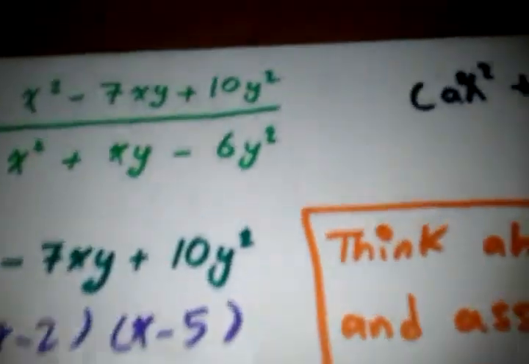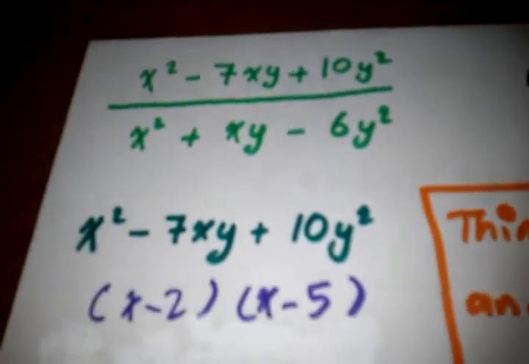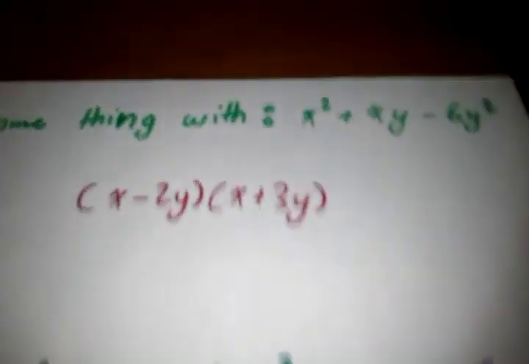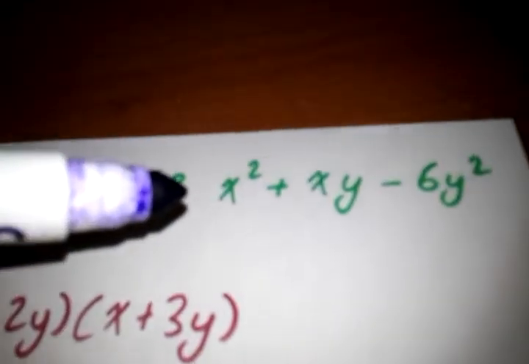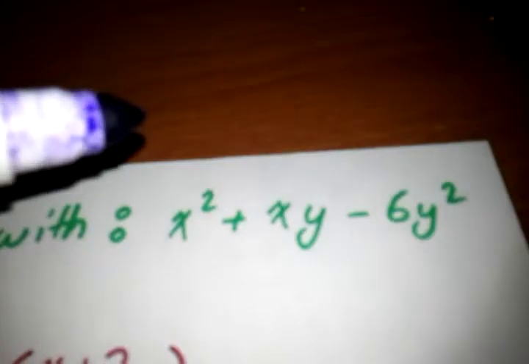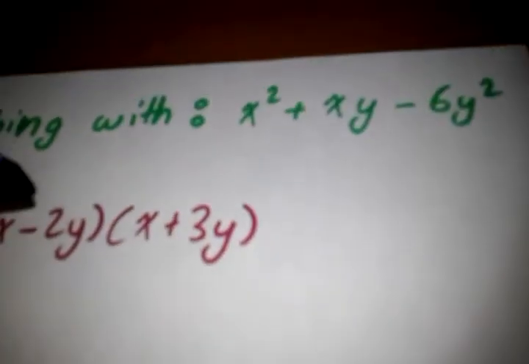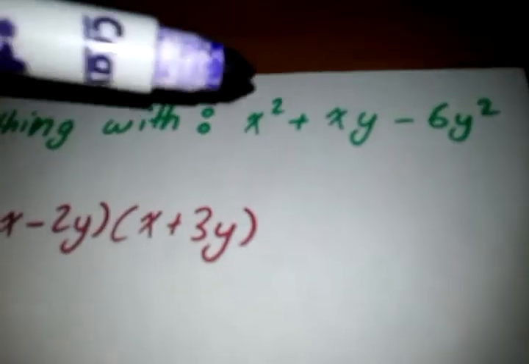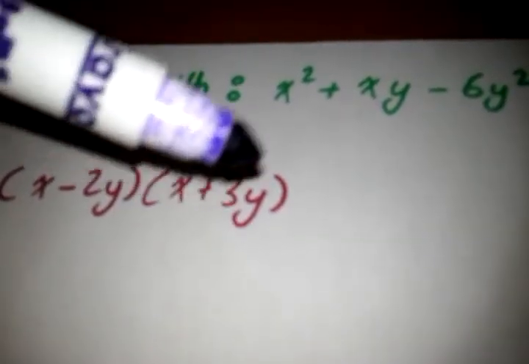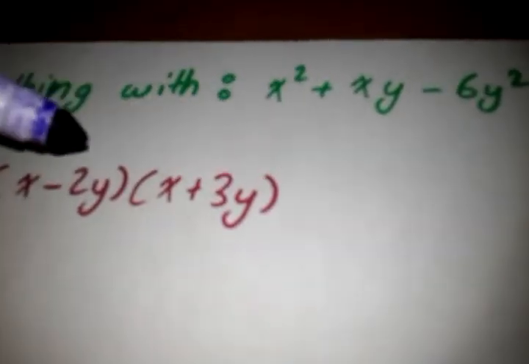Now we work with x squared plus xy minus 6y squared. We're basically doing the same thing. Negative 2 times 3 gives us negative 6, and if we add them together, they give us 1.